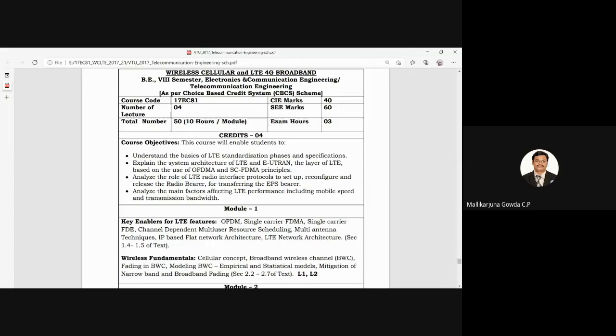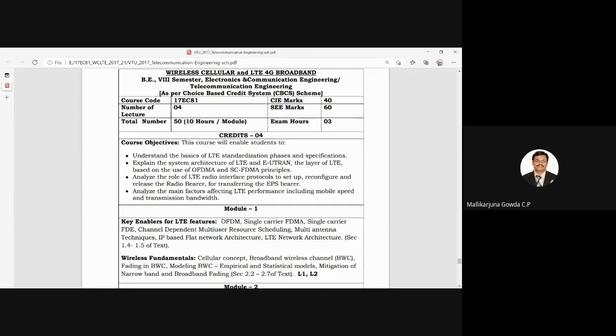Key enablers for LTE. In that, the first one is OFDM. I hope you are aware what FDM is, that is frequency. What is that? Anyone of you can say? Yes, frequency division multiplexing. Then OFDM is orthogonal frequency division multiplexing.